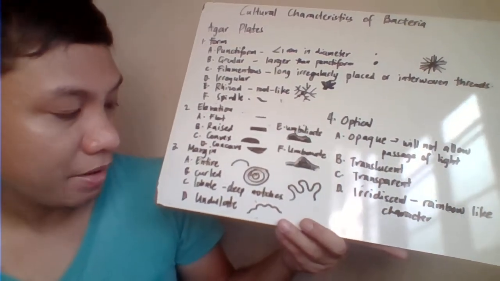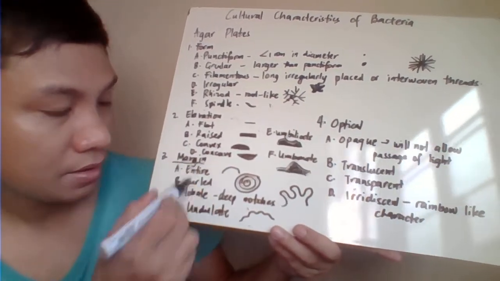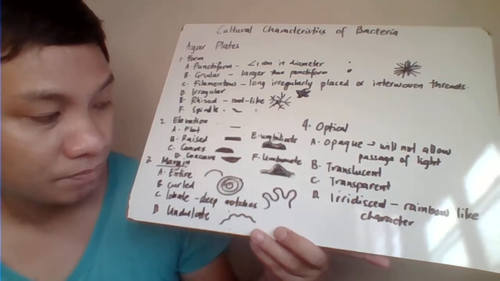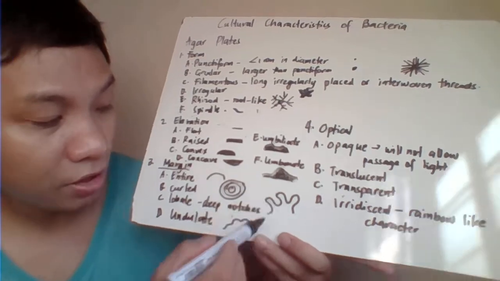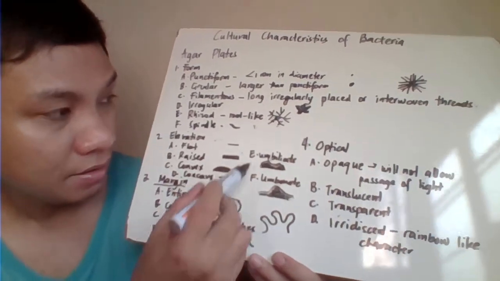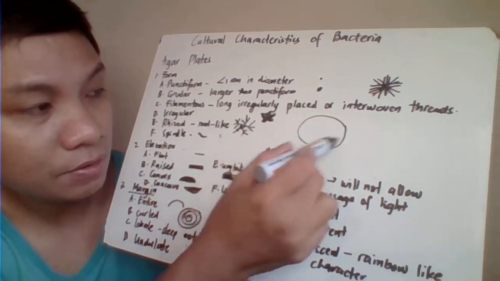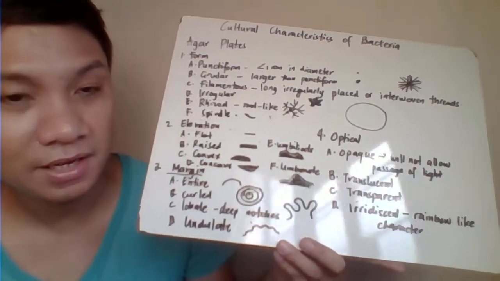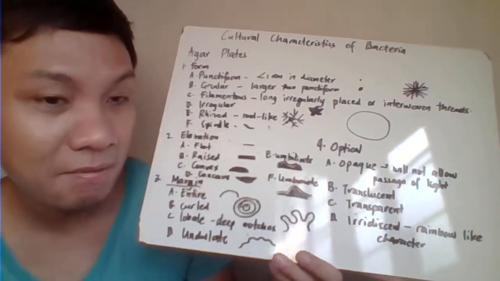Another one we also have is the margin. For the margin, you look at the edge of the colony. For example, entire, like an oval, is the same throughout the entire margin.